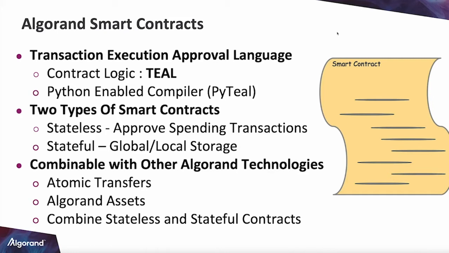I've repeated that a few times now, how these are all combinable. It's a very important point to understand because it really is the key to architecting your solution, knowing that this is available to you to be able to combine and mix and match a lot of these technologies together.